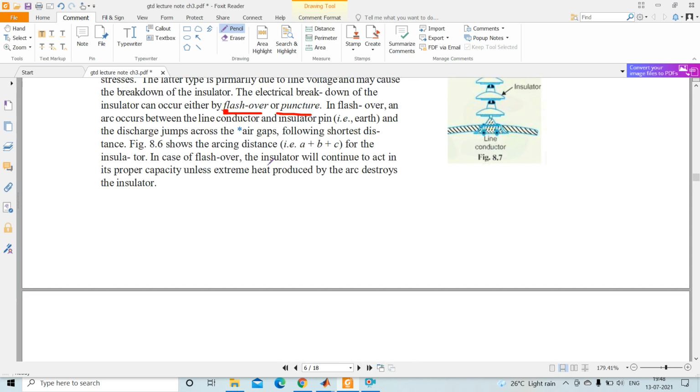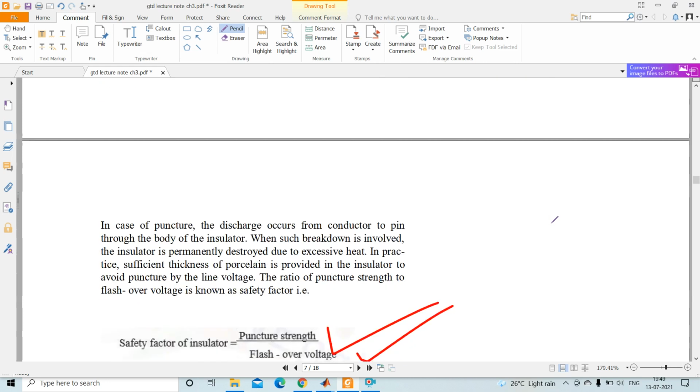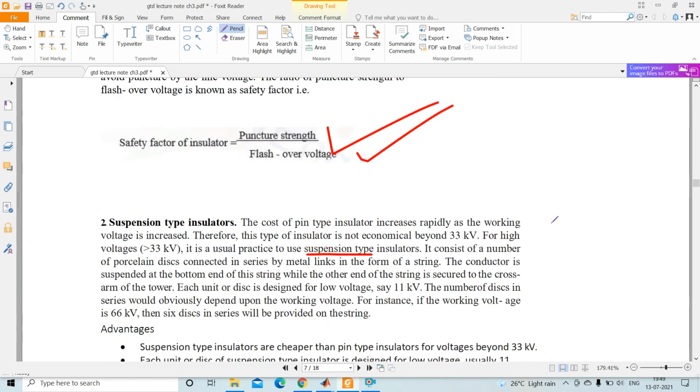So the suspension type structure is like this. See, this is the suspension type structure. Here this is the cross arm, and here the suspension type insulator is fixed, and under this is the conductor. Okay, here the conductor is suspended.